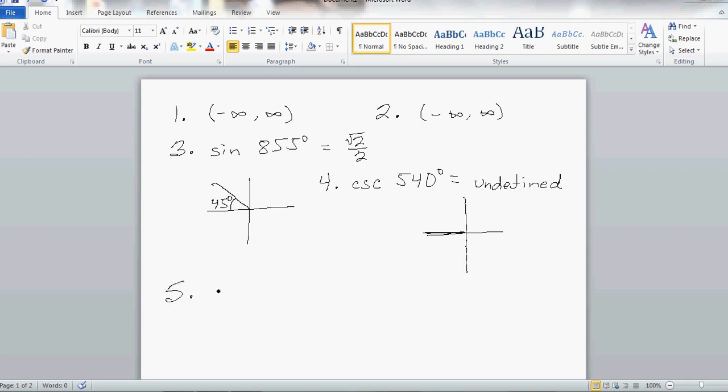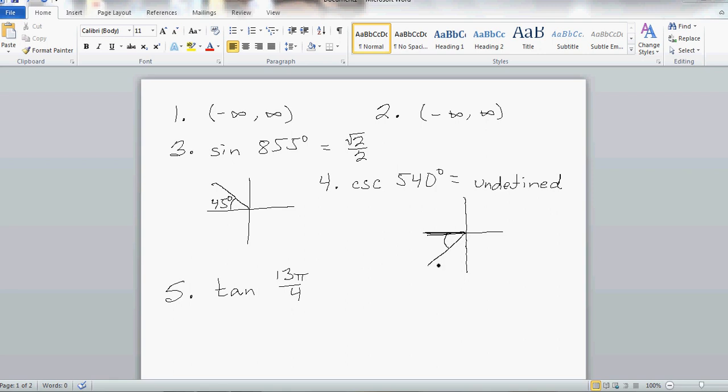Question number 5, what is the tangent of 13 pi over 4? And what we can do is come back up here and use this particular diagram. 13 pi over 4. Well, going all the way around is 8 pi over 4, leaving an additional 5 pi over 4. Well, 5 pi over 4 takes us to the third quadrant.